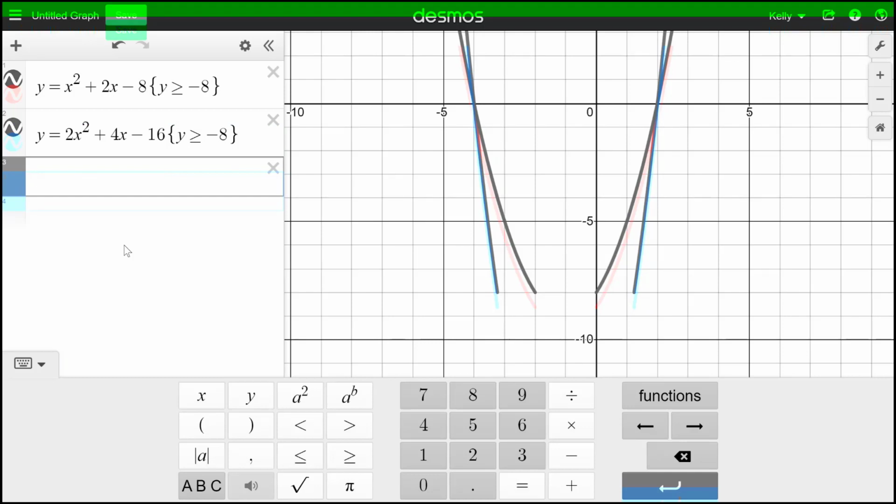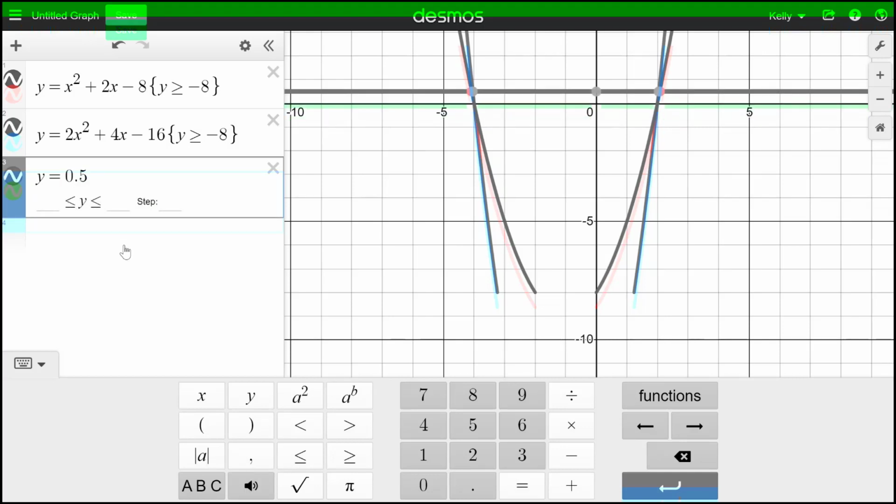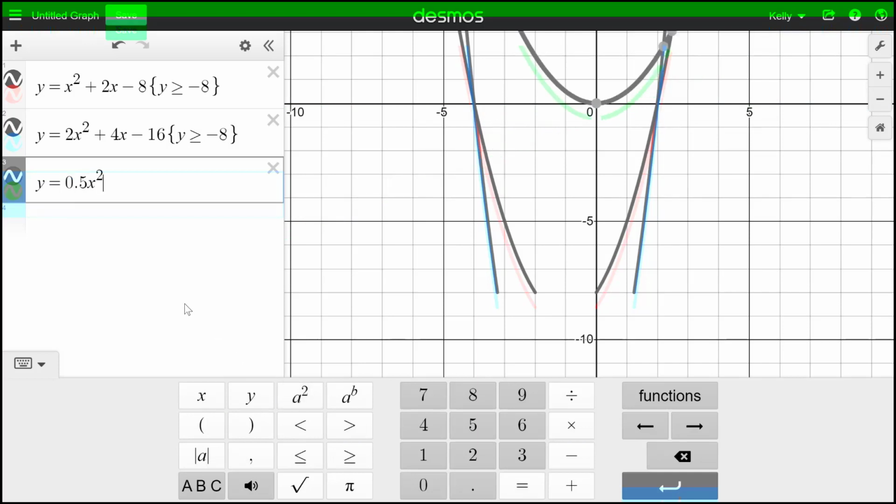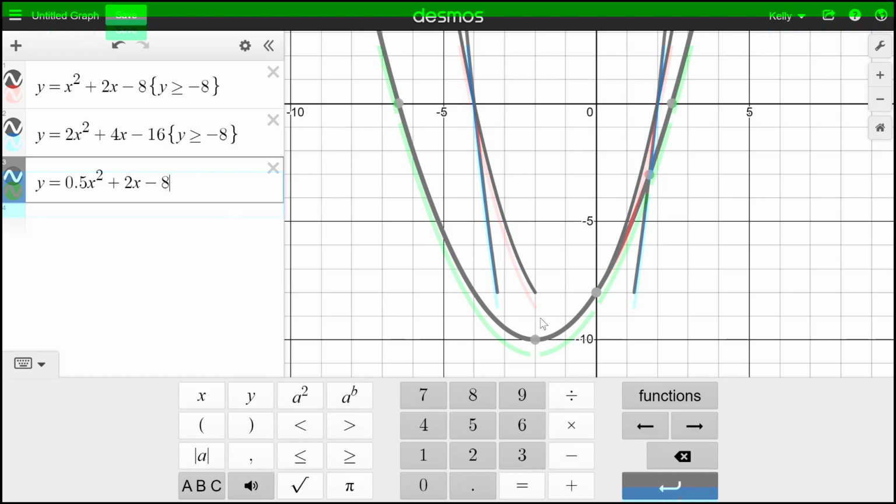So y equals, and we'll just say, because we can do this too, 0.5 x squared plus 2x and minus 8. And again, there's the full thing. What did I do wrong?